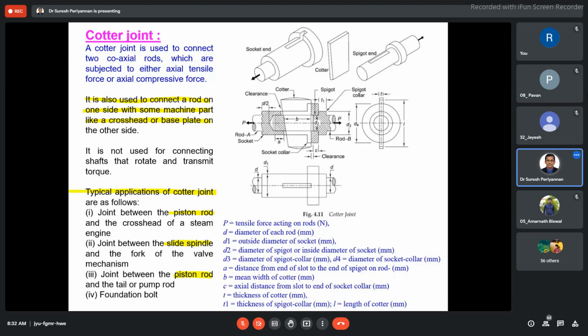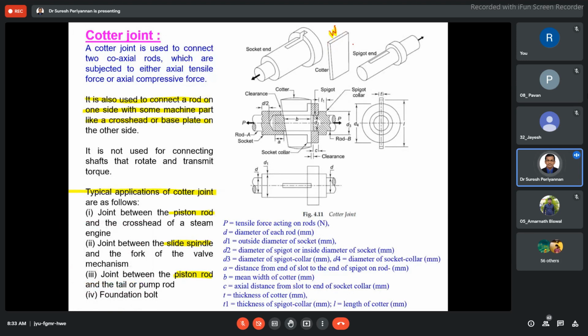The principle of wedge action is used in the cotter joint. Hence, the wedge-shaped piece. You might have seen, this is a wedge-shaped piece. This is the width of the cotter.